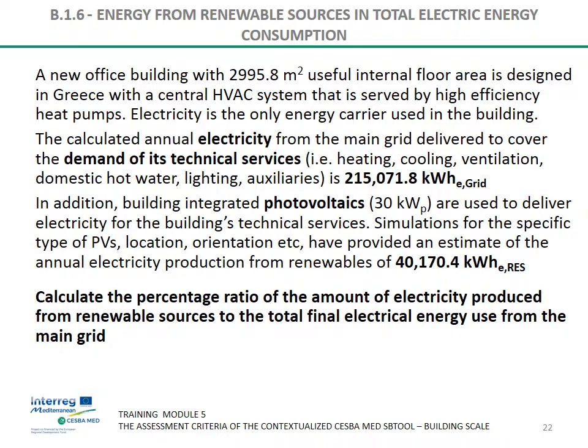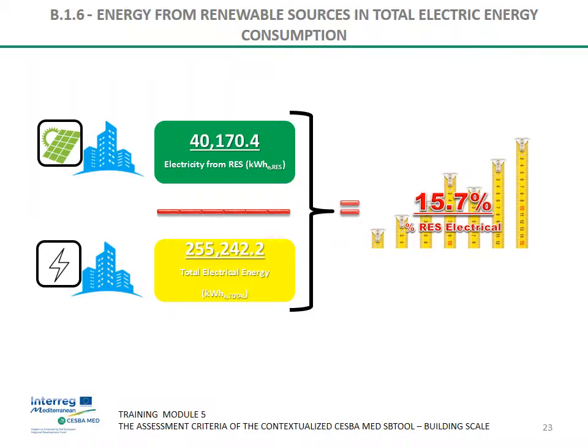Actually, the floor area in this case is not used, because we just need to compute the ratio of the two sources. So in this case, the total energy from the renewable sources is 40170 kilowatt hours, while the total energy is 255242 kilowatt hours. We compute the ratio and express it as a percentage, and in this case it results to be 15.7%.